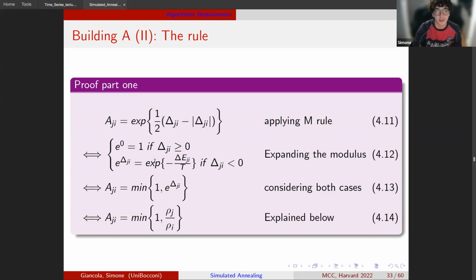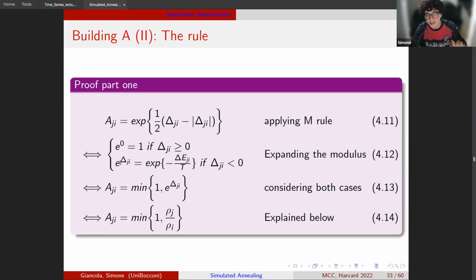Remember that there's a minus. And the exponent of this change if the change is positive. So we can still accept if the change in distance is positive, but with this probability, which decays quickly because it's an exponent.